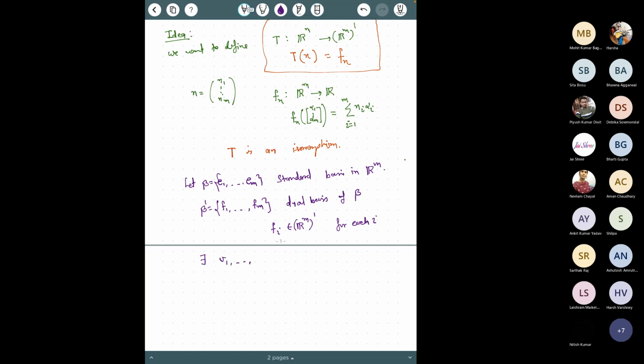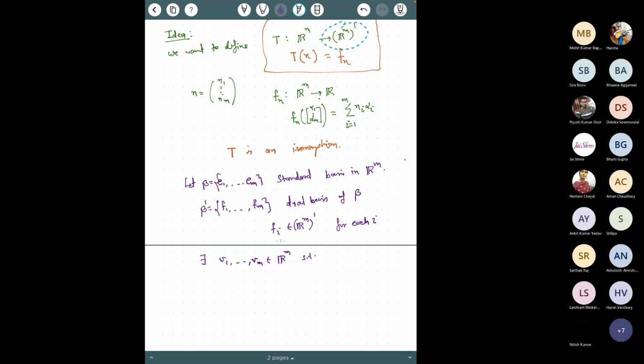There exist v1 to vn in Rm because of this isomorphism. We know that these Fi's belong to Rm dash. So because of this T, we know that for each i there exists some vector Vi such that T of Vi is equal to Fi.